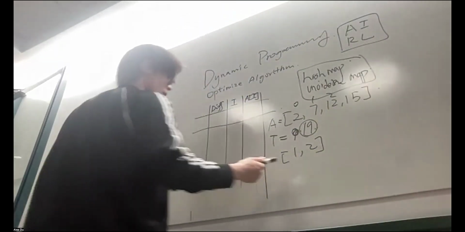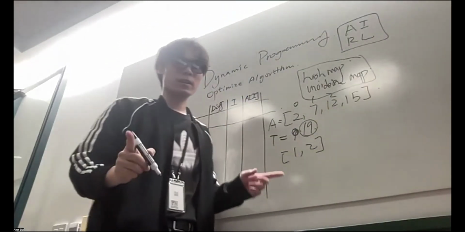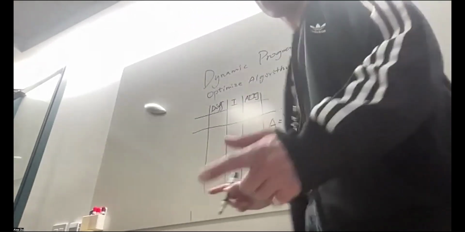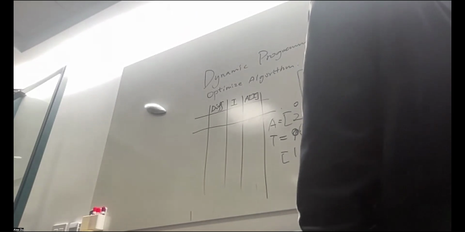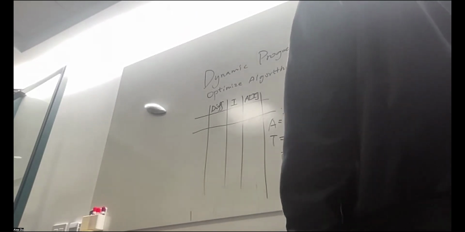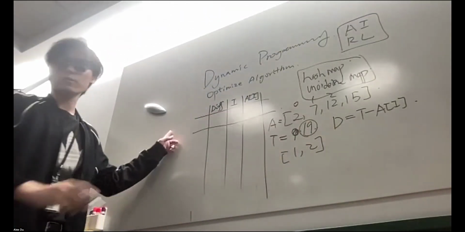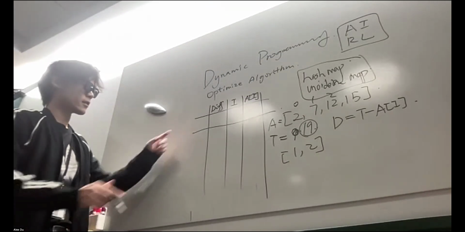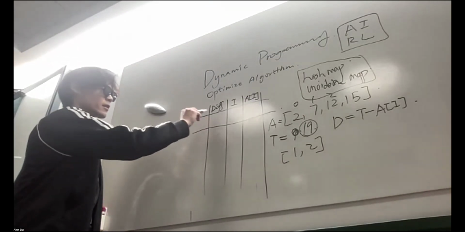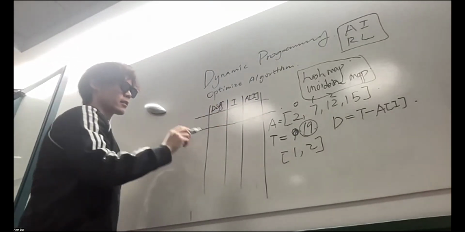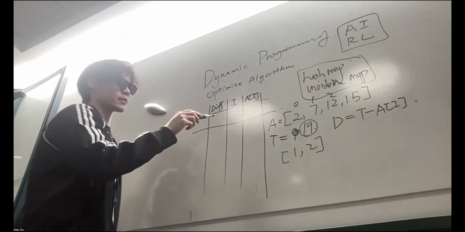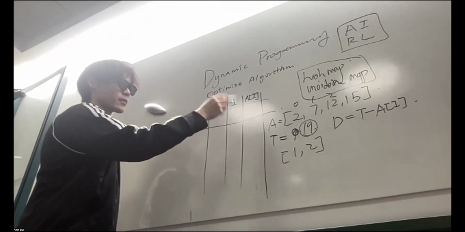But how would you get this? Firstly, you have to make a formula, which is D equals T minus A of i, where T is the target.